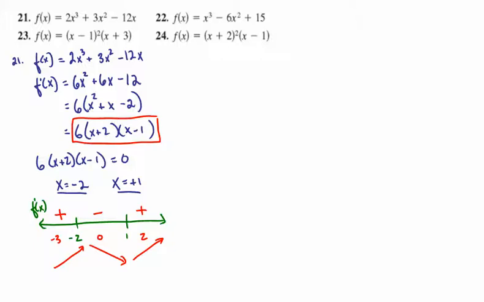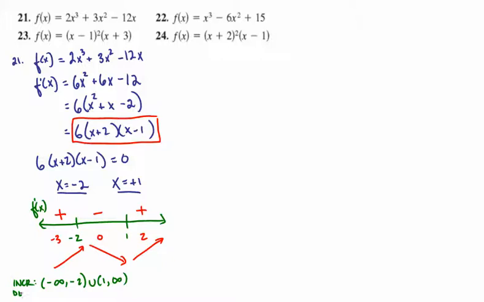And we appear to have a relative max at negative 2 and a relative min at x equals 1. So we'll need to find the values that go with these. First of all, we note the function is increasing from negative infinity to negative 2 and from 1 to positive infinity.